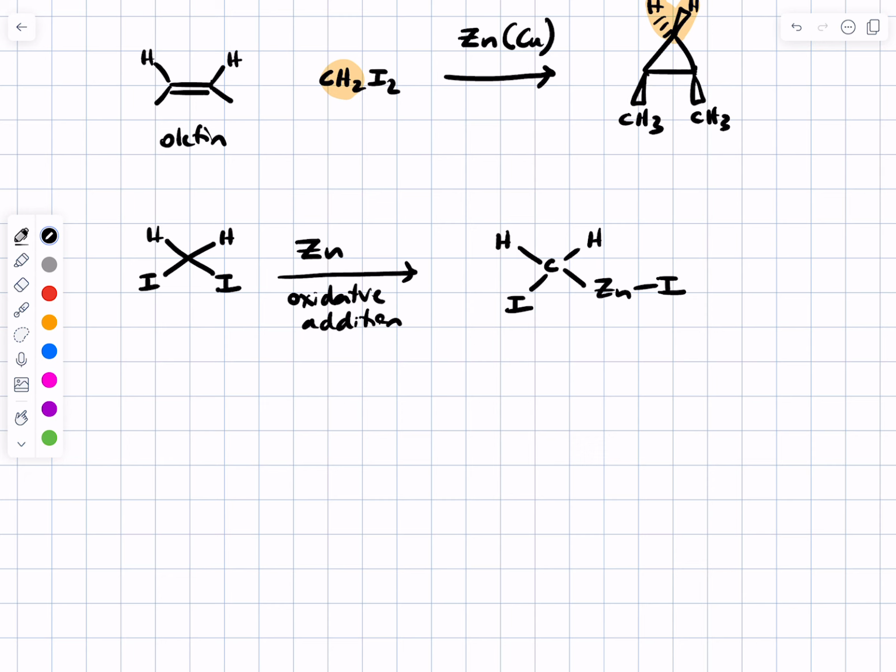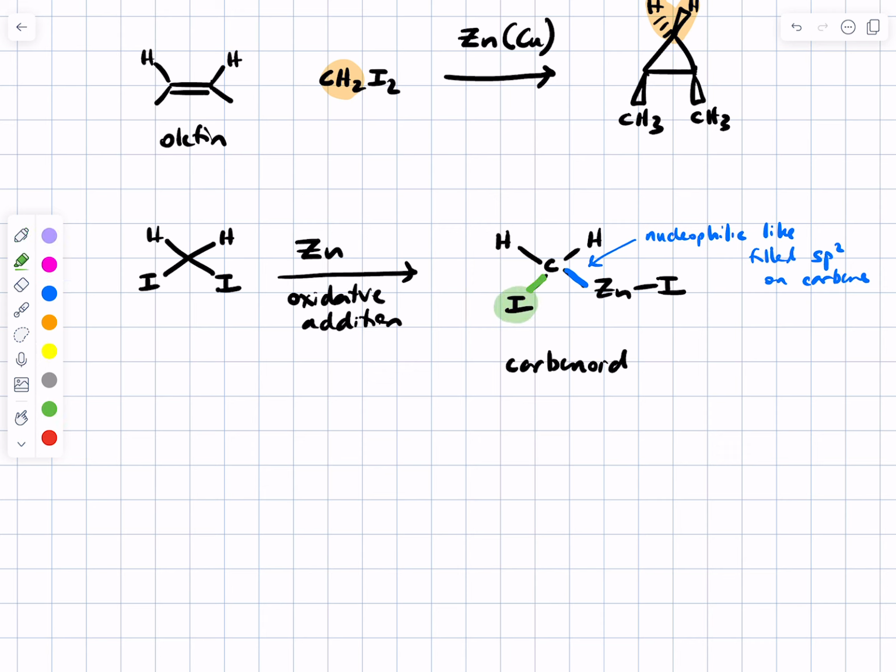And you can think of this as a carbenoid, where the electrons in the carbon zinc bond are nucleophilic, like the filled sp2 on a carbene. And then here I'll use maybe green for the carbon iodide bond.